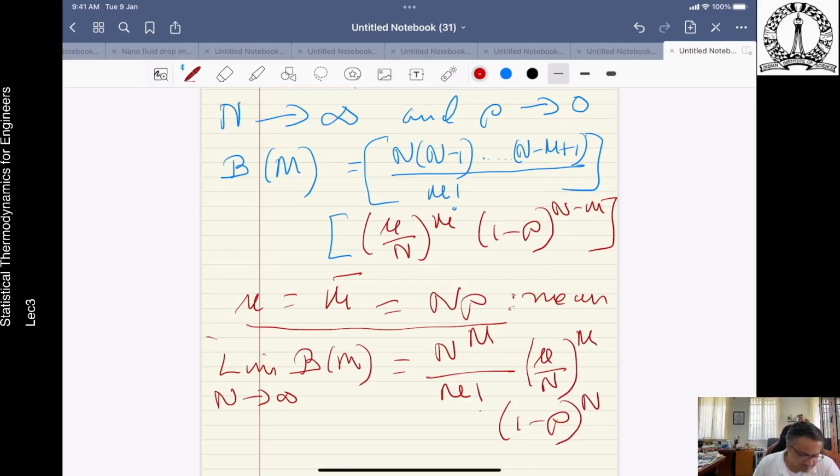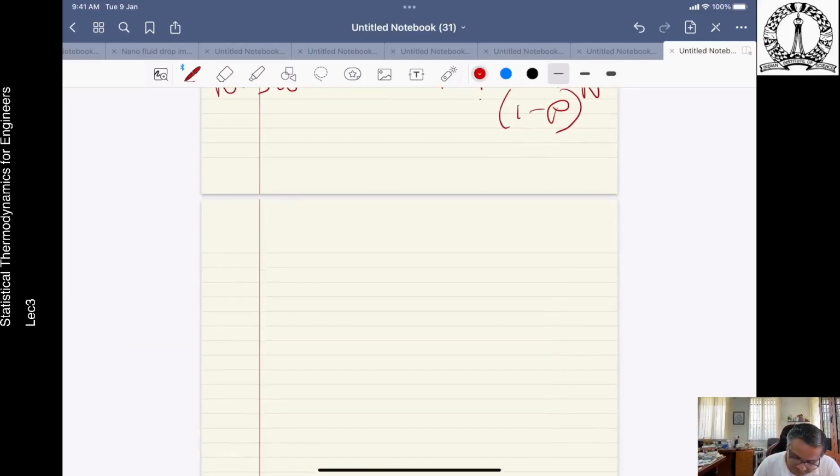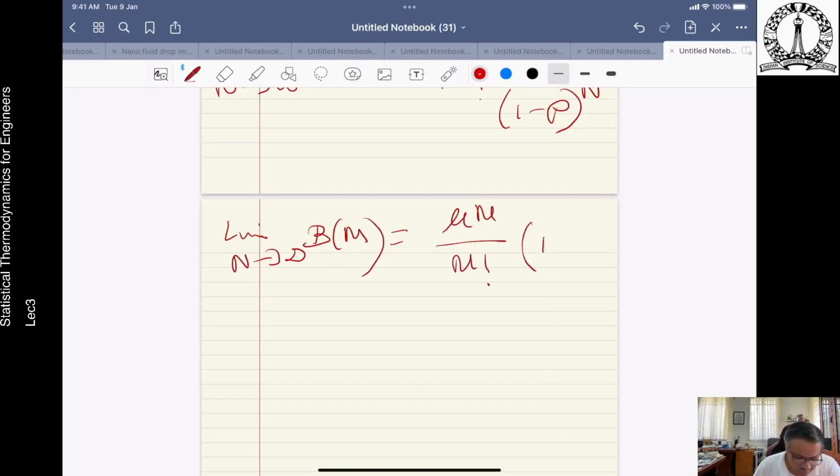If we revise it further, n approaches infinity, and this is given as mu to the power of m into n factorial into 1 minus mu by n.